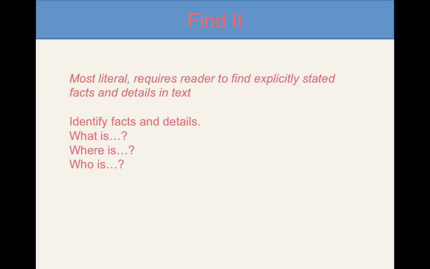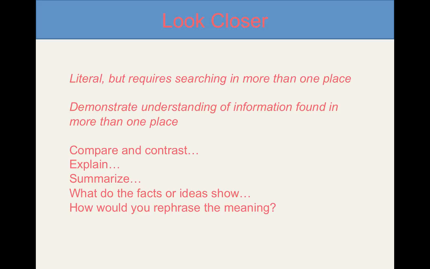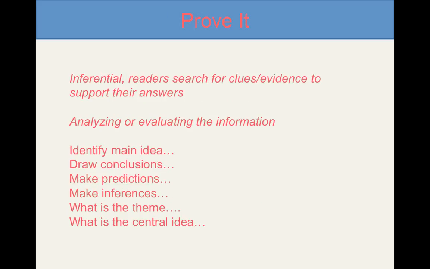What is, where is, who is. The look closer asks you to compare and contrast, explain, summarize. What are the facts or ideas? Rephrase the meaning. They're literal, but require more than a one put your finger on it. It's a search across the text in more than one place.